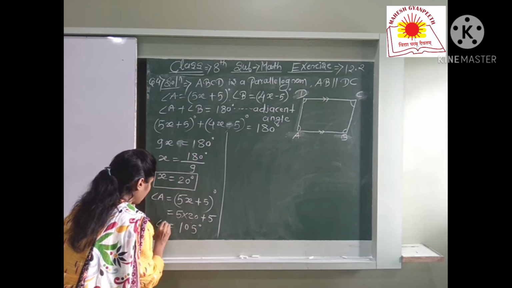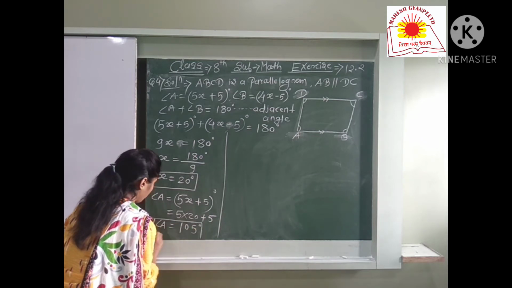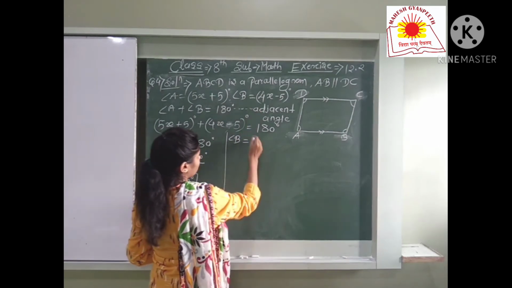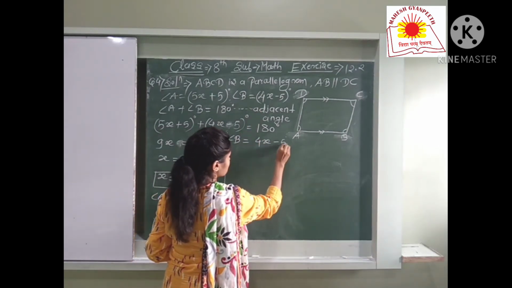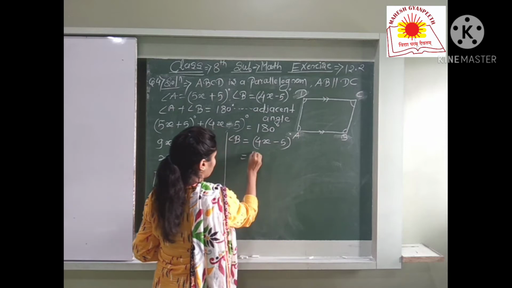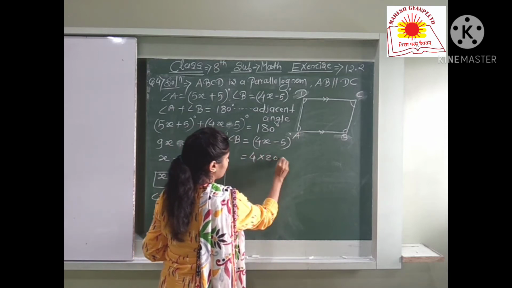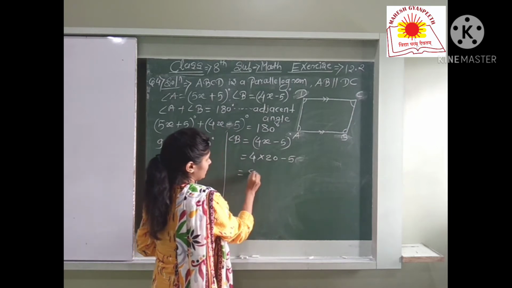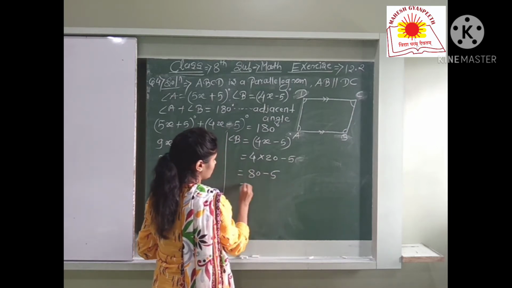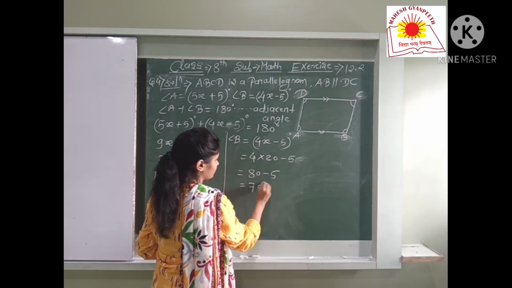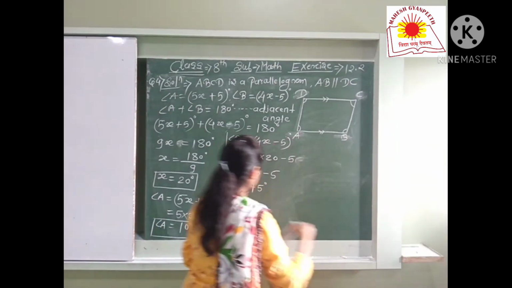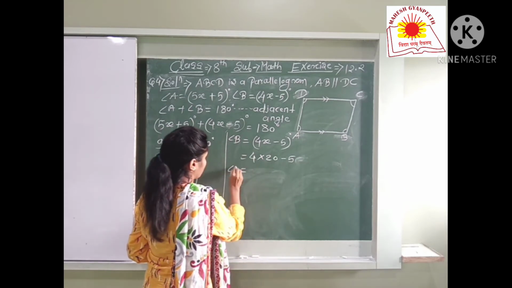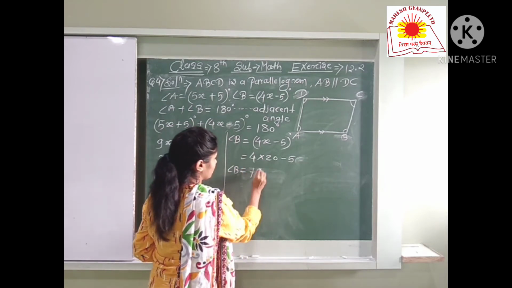So angle A is equal to 105. Now angle B. What is the value of angle B? 4x minus 5. So 4 multiplied by 20 minus 5. How much? 80 minus 5 is 75. So angle B is equal to 75 degrees.